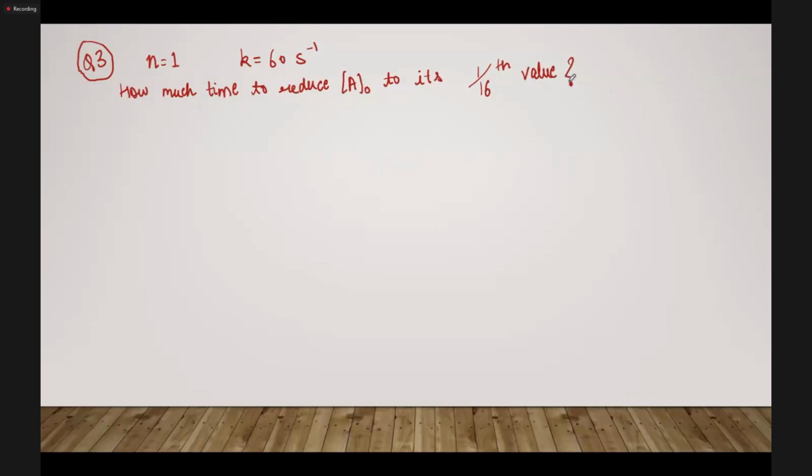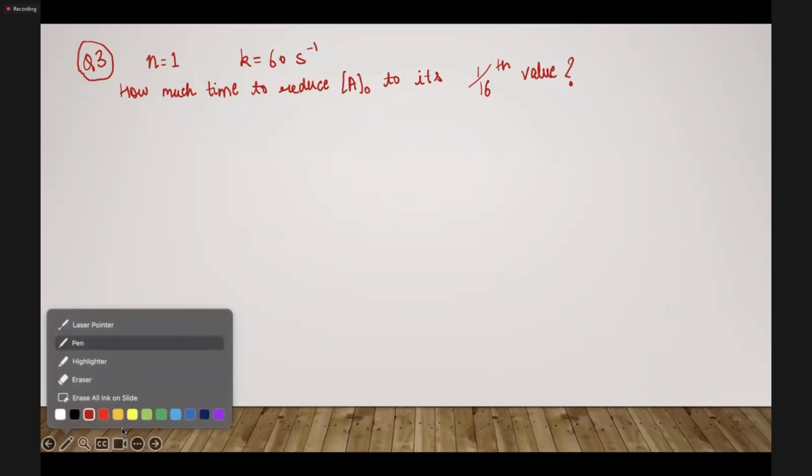Okay. So, if the initial concentration is A naught, so the final concentration will be 1 by 16th A naught. That's it. Okay. So, how will we find out? Because they have already given you the order, so we can directly use the integrated rate law.